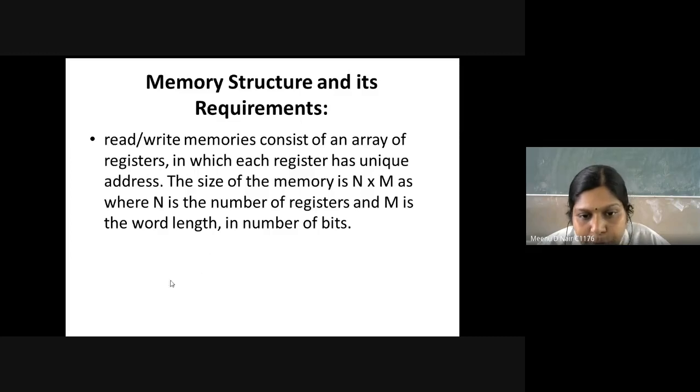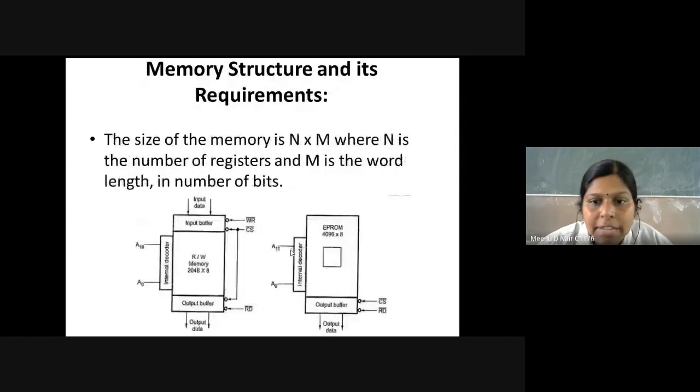So 8 registers should be there, and each register is 8 bits in size. Suppose it is 8 by 8, then there will be 8 registers, and each register is of 8-bit size. That is nothing but the word length, or the number of bits. This is the size of the memory. So n by m, where n is the number of registers and m is the word length in number of bits.